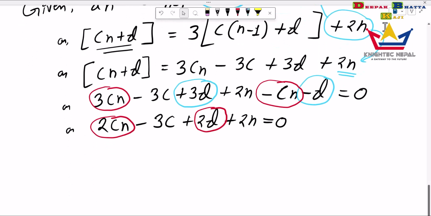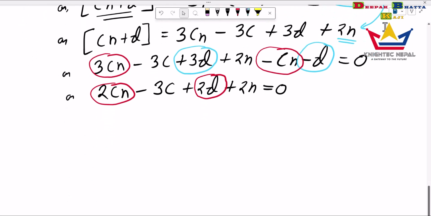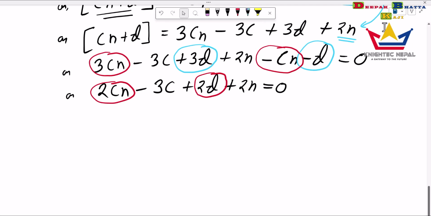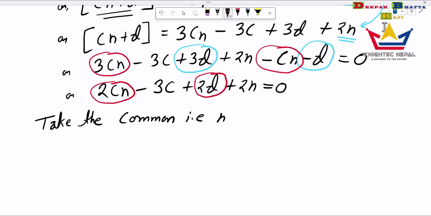So now take the common n. We are taking common n. Now 2C plus 2, n, we are taking common n.